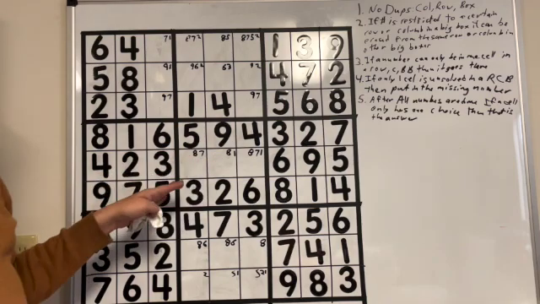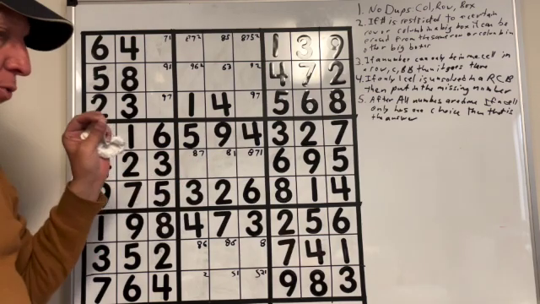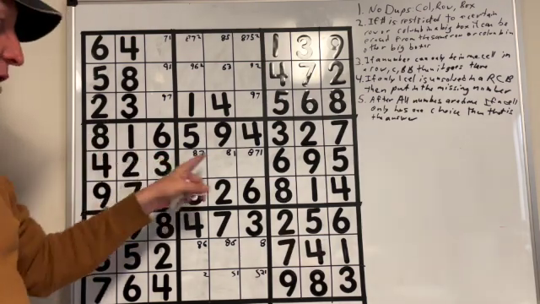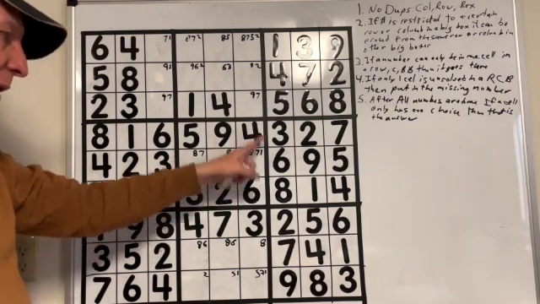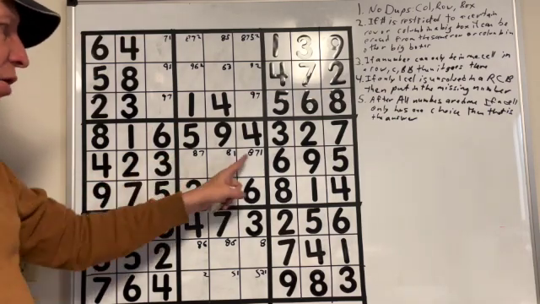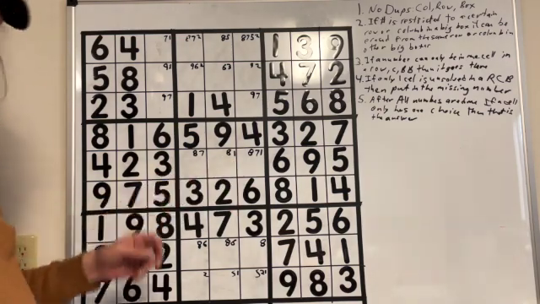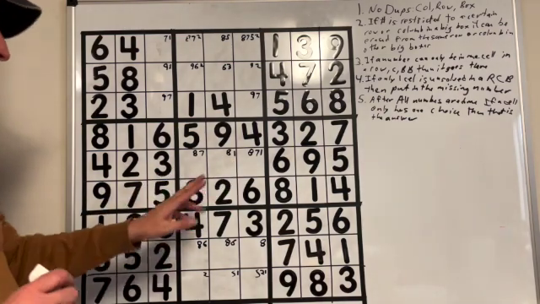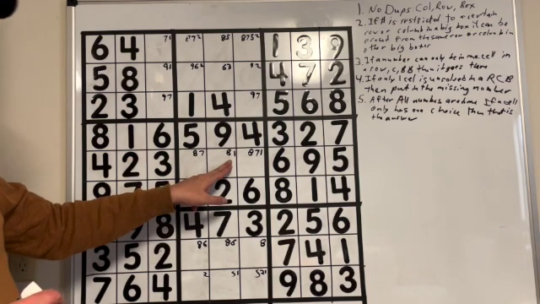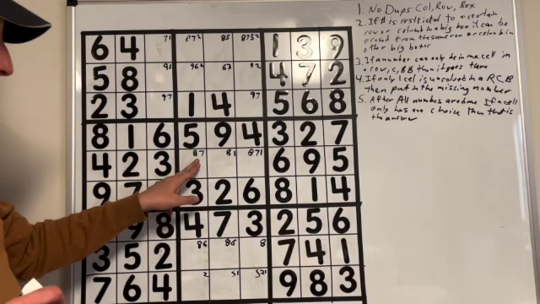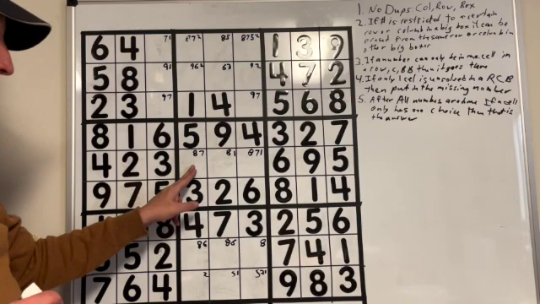8, 7, 1. There are 3 options that need to be solved in this box, this big box, and all 3 of them are represented in each cell. Okay, now I know there's not a 7 here, and there's not a 1 here, but there is a 1 here and a 7 here.